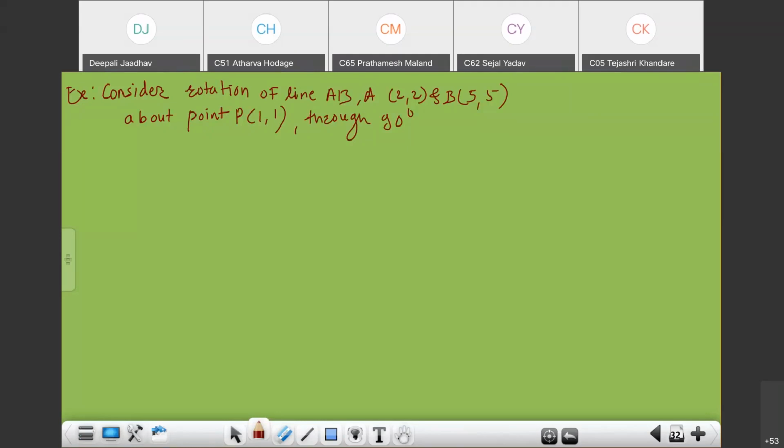Here we require the three transformation matrices. I write it directly. The final result X star is equal to X multiplied with T. What is X here? It is AB.